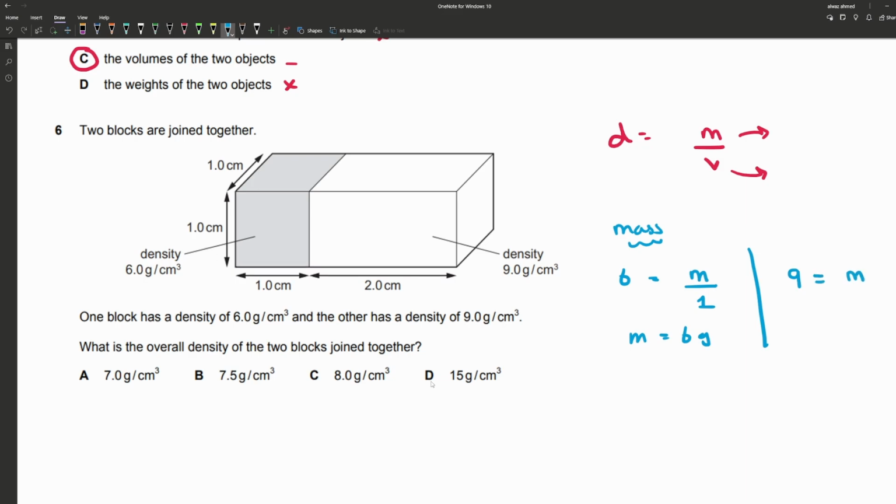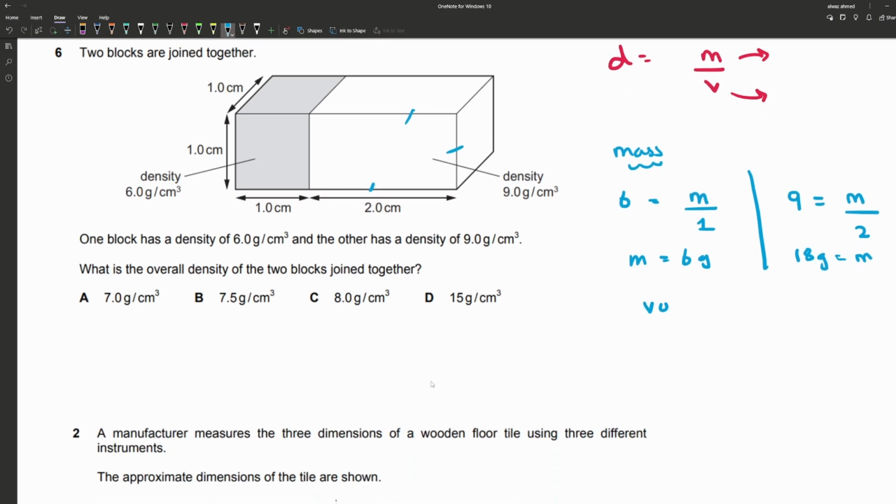We need to calculate the mass, and the volume in this case is going to be 2 centimeter cube, because this side multiplied by this side multiplied by this side becomes 2. So we've got the mass as 18 grams for the white box. Now the volume we can very easily calculate. The volume for the gray box is 1 centimeter cube, and for the white one it is 2 centimeter cube.